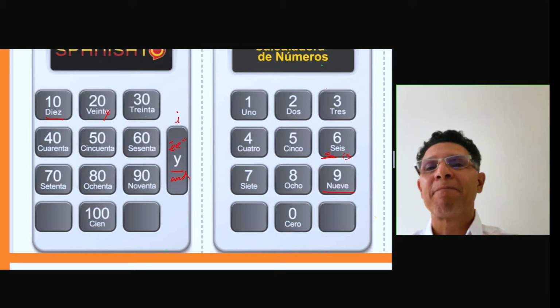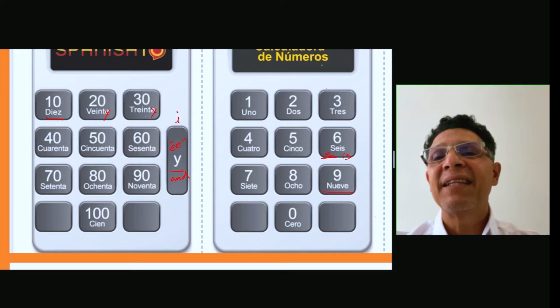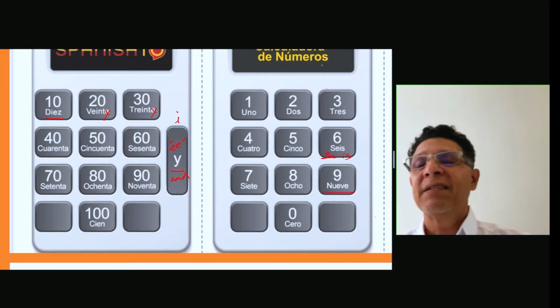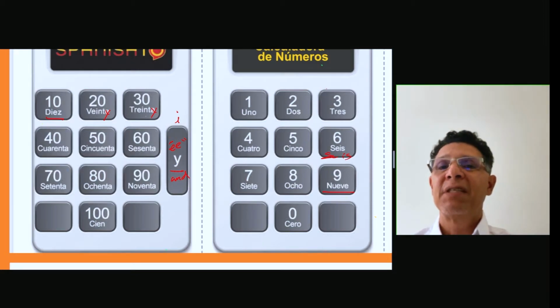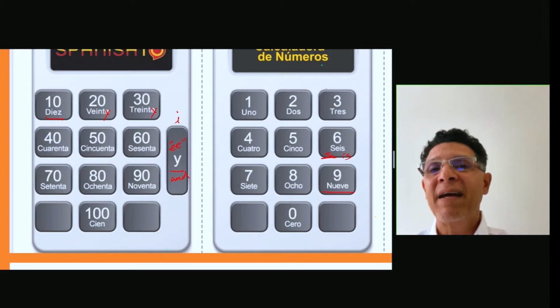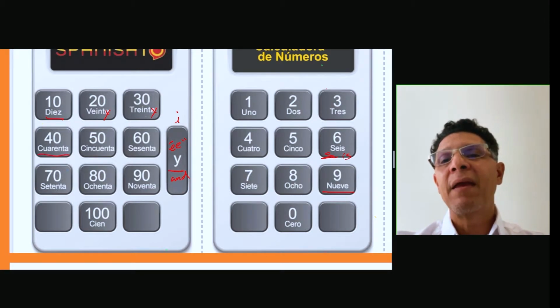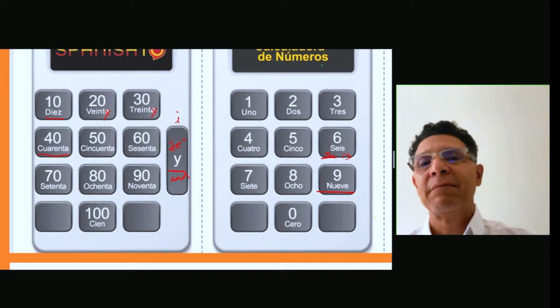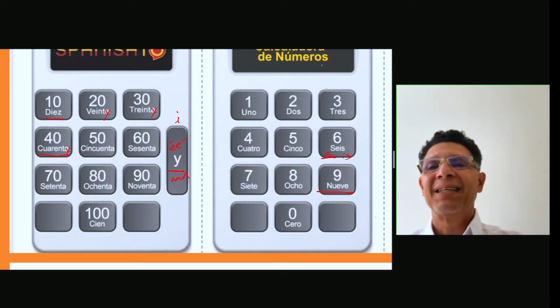29. Same thing for treinta. 39. Instead of saying treinta y nueve, you can say treinta y nueve in one word. See, for 40, if I don't put the Y there, I will have to say cuarenta y nueve, but you can go faster and look more like a native. 40, 49.